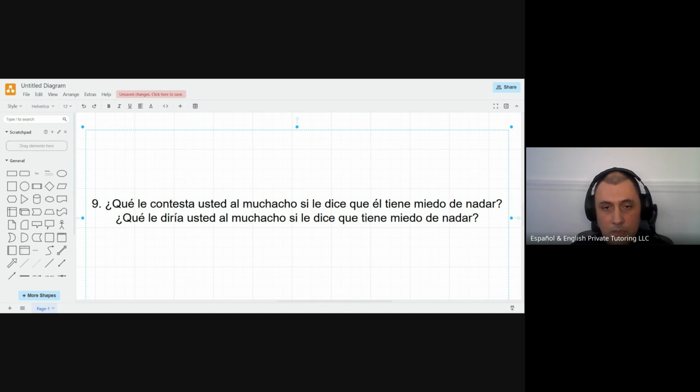This is advanced grammar, so I'm not going to go into these two now, but basically I'm just going to explain quickly si le dice que tiene miedo de nadar. A conditional clause is fictitious or unreal if I'm saying if for an event that may happen.